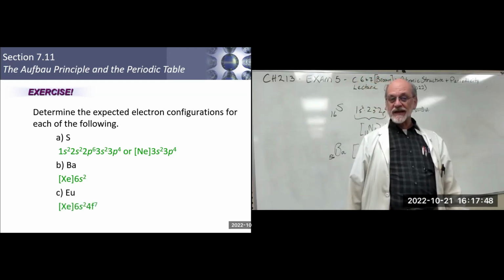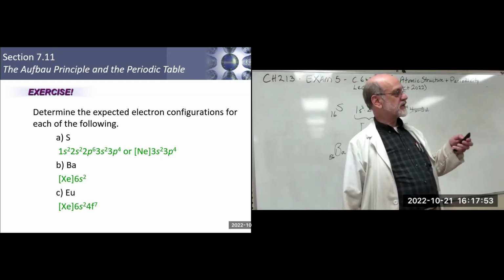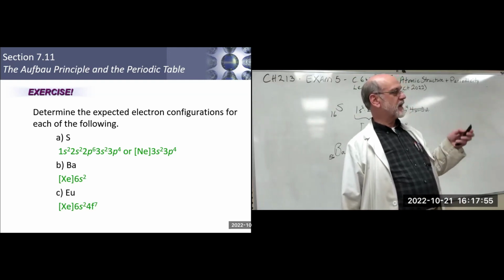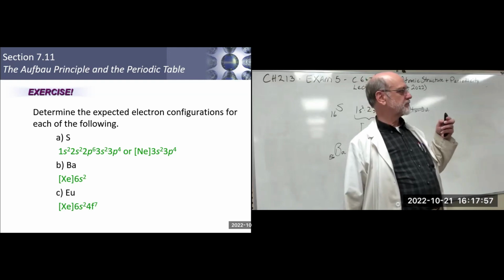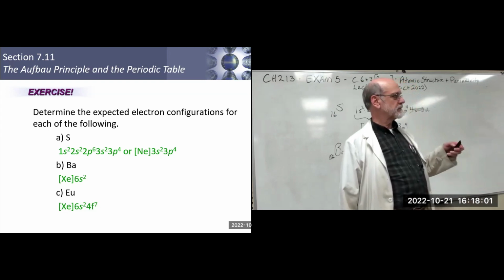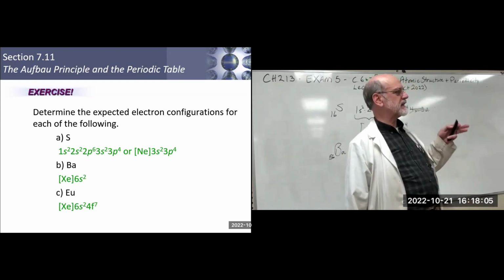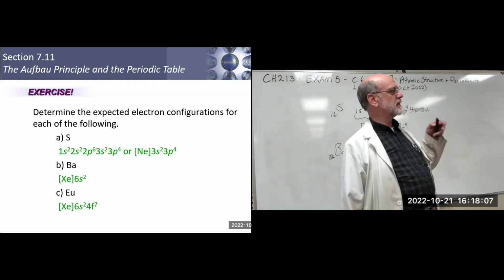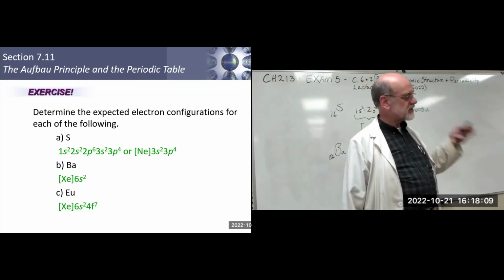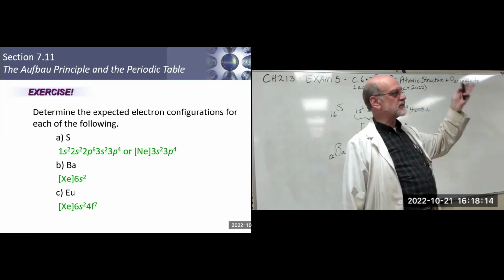But we use the same idea, and we back up from europium, which takes us through samarium, promethium, neodymium, cerium, and then lanthanum. And then back through barium and cesium to xenon.